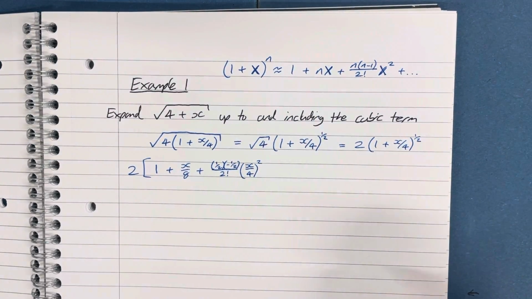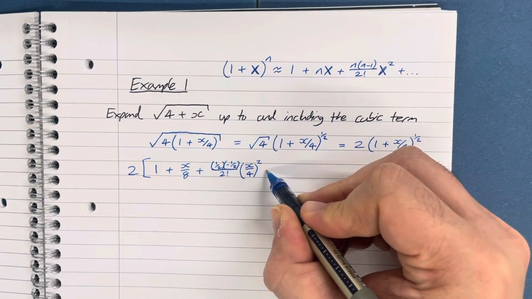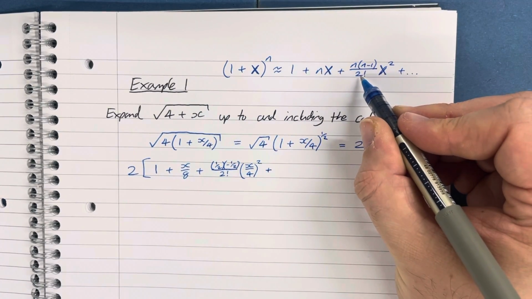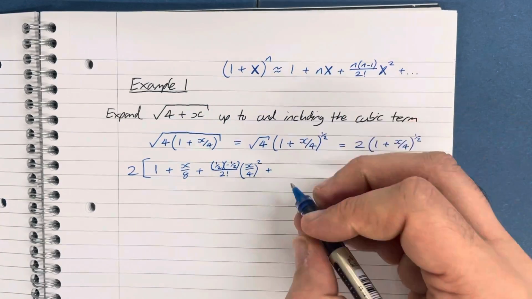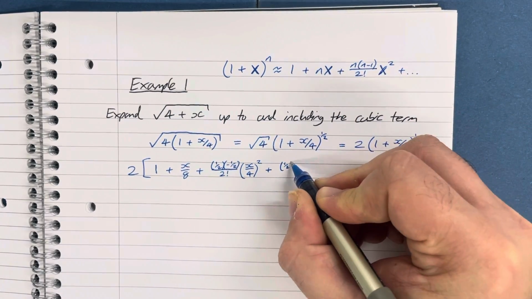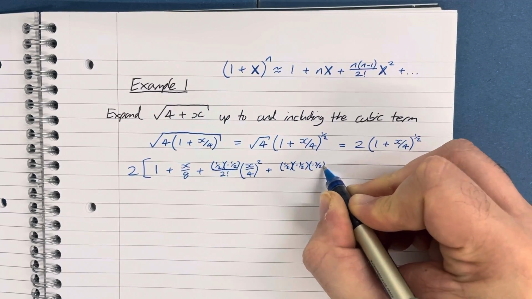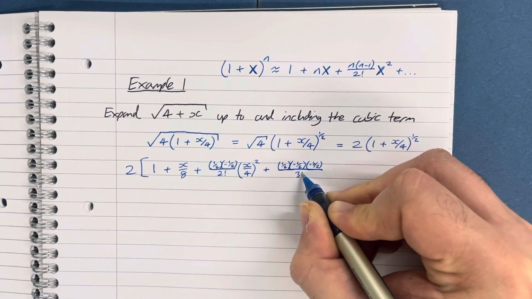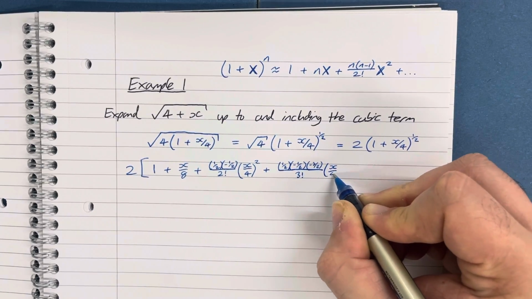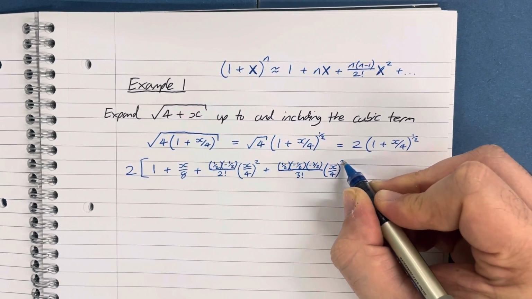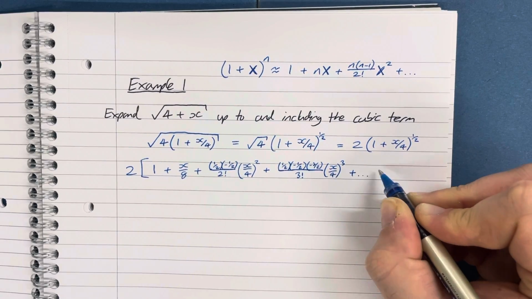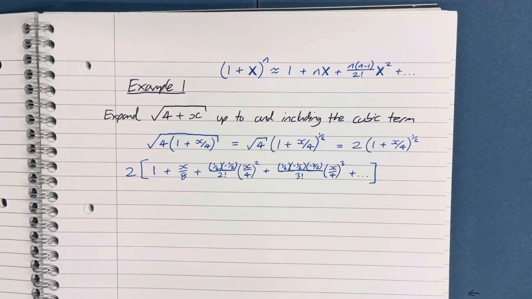And in the next term, because it wants the cubic term as well, you need to continue the pattern: n(n-1)(n-2) divided by 3 factorial times X cubed, where X is x/4. That would continue infinitely, but we're stopping at the cubic term.